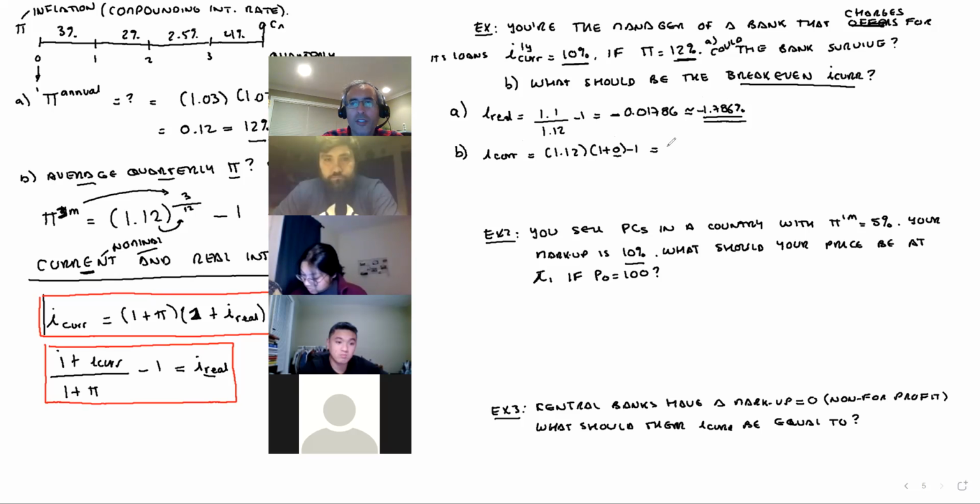So it equals 12%. Got it? So that's why, guys, it's crucial when you have inflationary processes that your current, at the minimum, should be equal to the inflation.